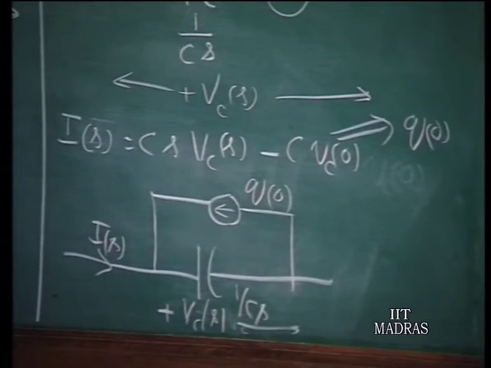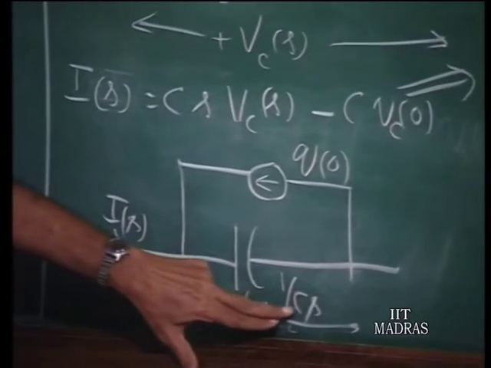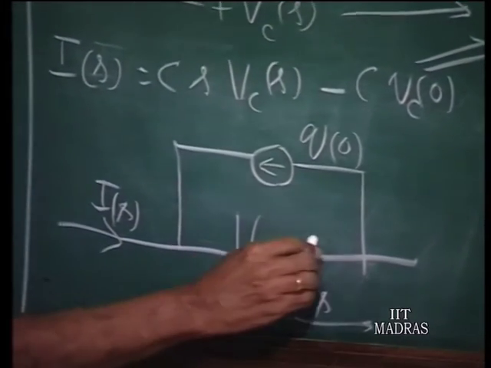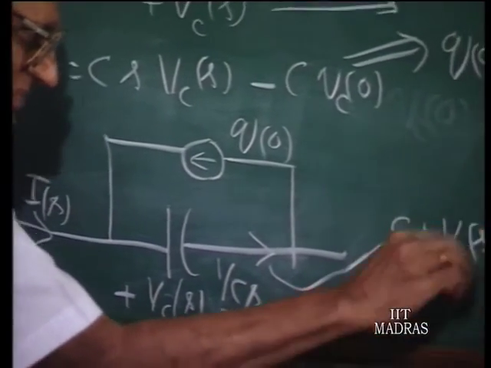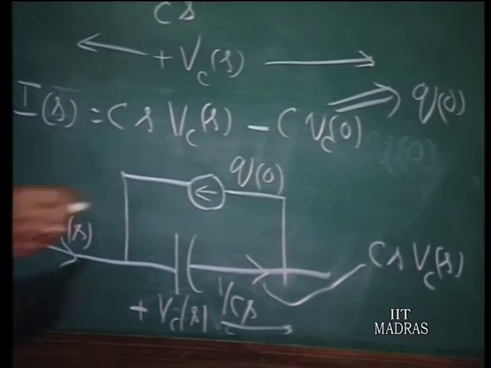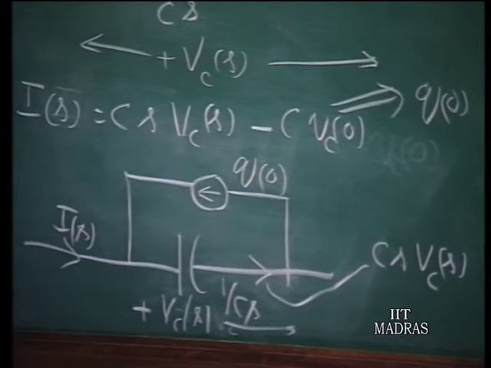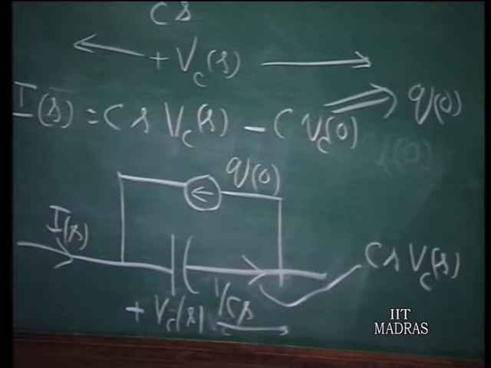So a voltage Vc of s occurring across an impedance 1 over Cs will have a current here which is Cs times Vc of s. So Cs times Vc of s minus Q0 is the total terminal current I of s. So this is a circuit representation of the capacitor in the transform domain.